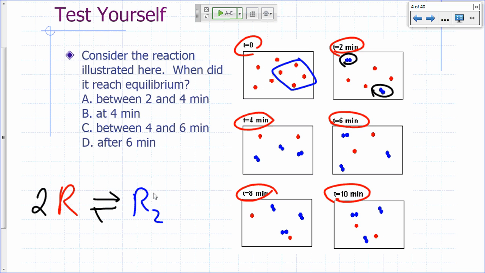That's your reaction. So when did this reaction reach equilibrium? Between 2 and 4 minutes, at 4 minutes, between 4 and 6 minutes, or after 6 minutes?